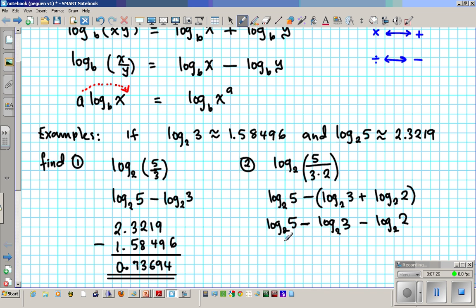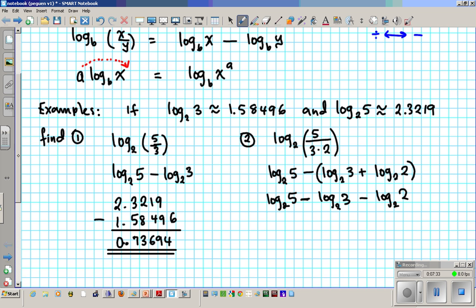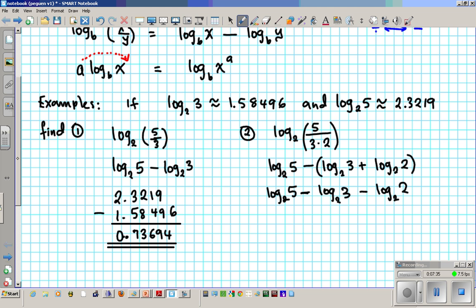Now we're going to take your approximate logarithmic values and put them here and compute the difference. What is log base 2 of 5? It's 2.3219. It was given. Minus, what is log base 2 of 3? 1.58496. Minus, what's log base 2 of 2? Uh-oh, it's not given here. Oh wait, we know what this is, right? This is 2 to the 1.